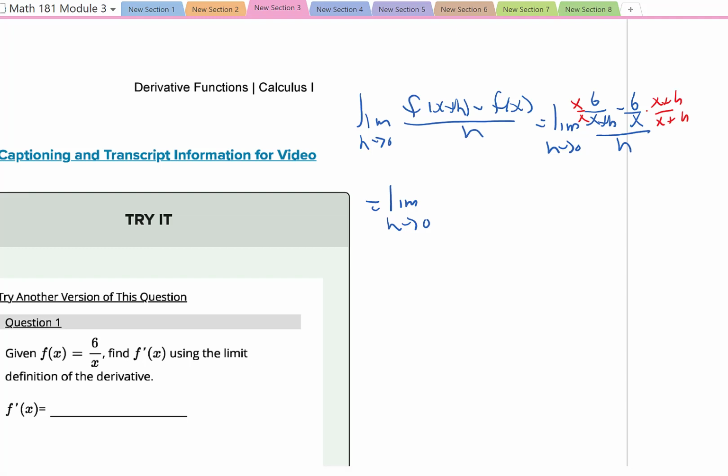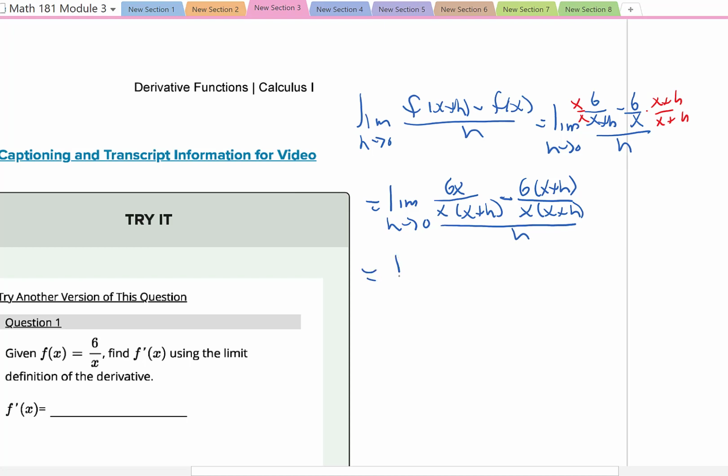So now we would have 6x over x times x plus h minus 6 times x plus h over x times x plus h, over h.